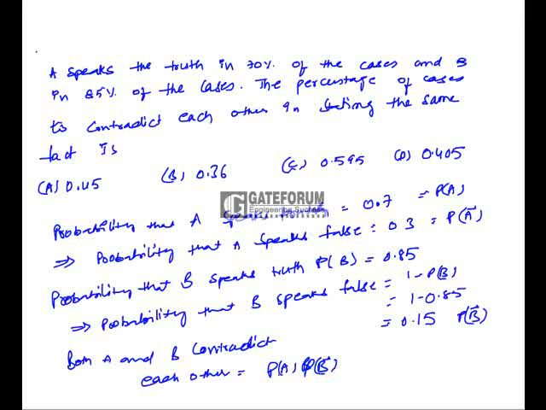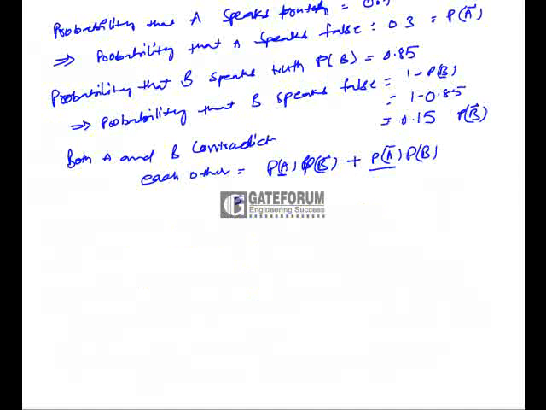That means whenever A speaks truth, B should speak false. Then only they will contradict each other. Plus P of A bar into P of B. Whenever A speaks false, B should speak true on the same statement. So this is the required solution.